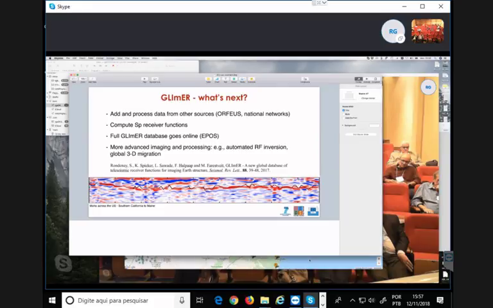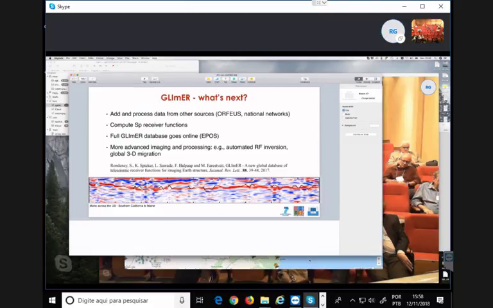But of course, the problem with the ocean stations is that they tend to be a lot noisier, and there's a notorious problem with the ocean station that makes it quite difficult to compute receiver functions. But one of them is the noise. So the noise is much higher than stations on land.